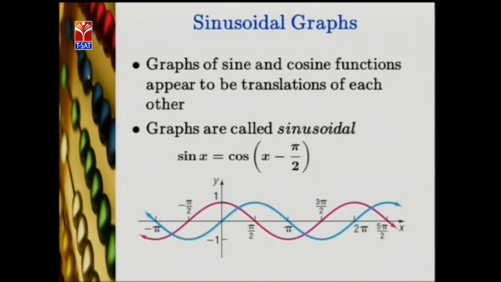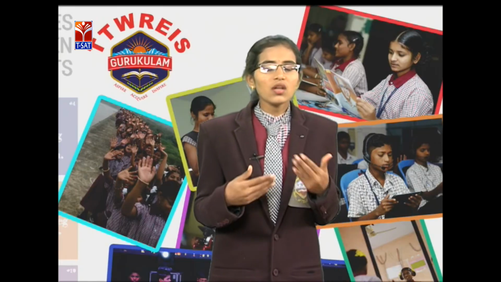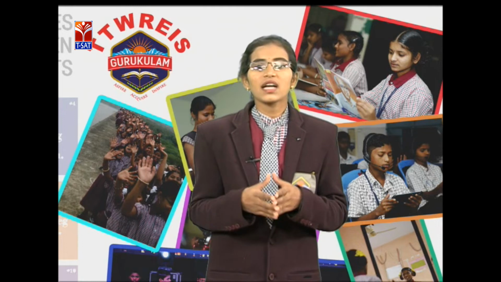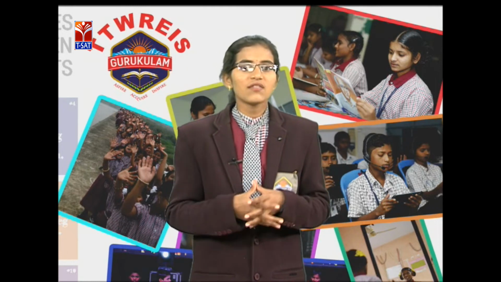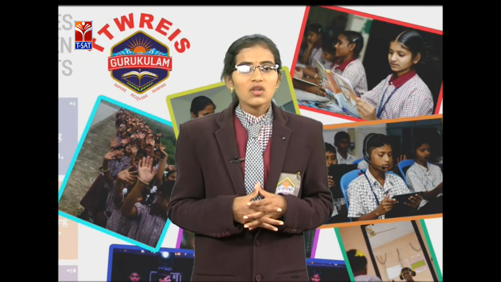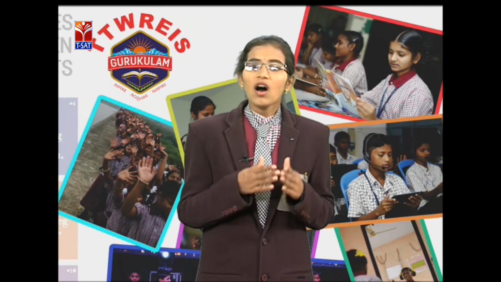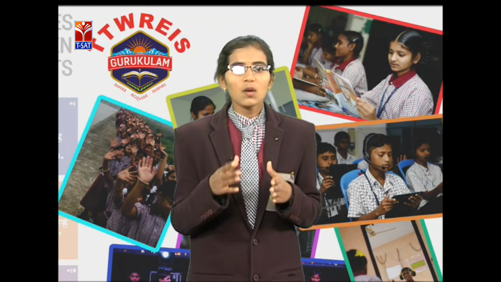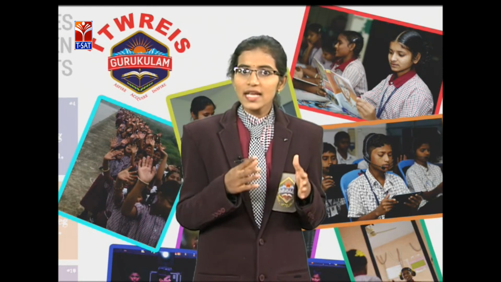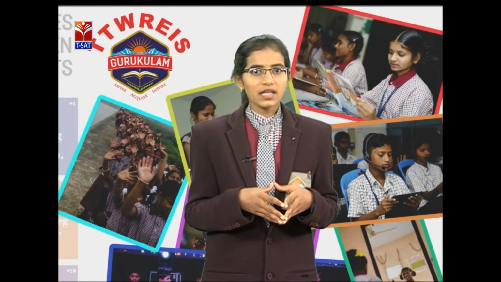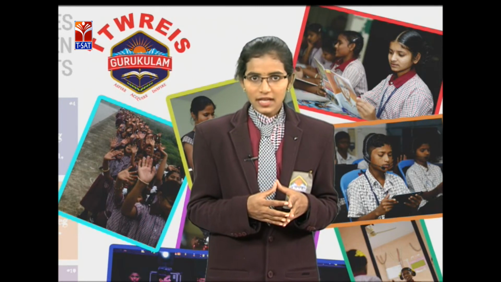Pi by 2 minus x lies in the first quadrant. You all know in which quadrant the function will be positive. We follow the rule: all silver teacups. In the first quadrant, all the functions are positive. In the second quadrant, only sine and cosecant are positive. In the third quadrant, tangent and cotangent are positive.